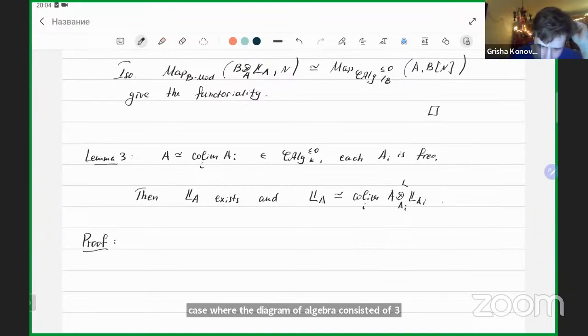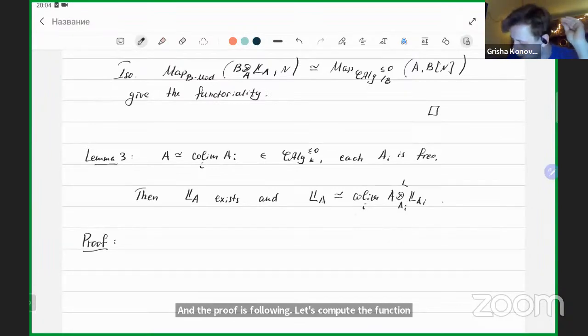And the proof is the following. Let's compute the functor which is co-represented by this co-limit.